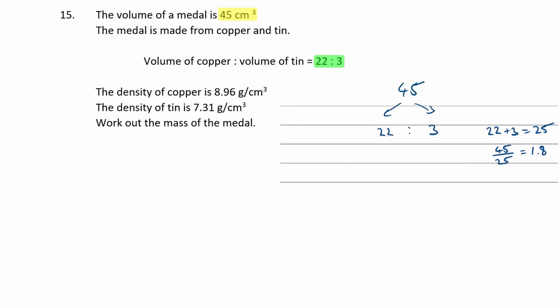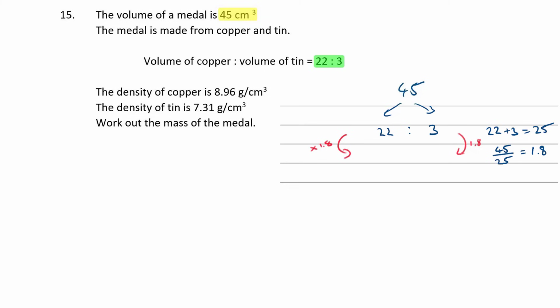Okay, so then this one down here I'm going to multiply by 1.8, and this I'm going to multiply by 1.8. So 22 lots of 1.8. 22 times 1.8 gives me 39.6.